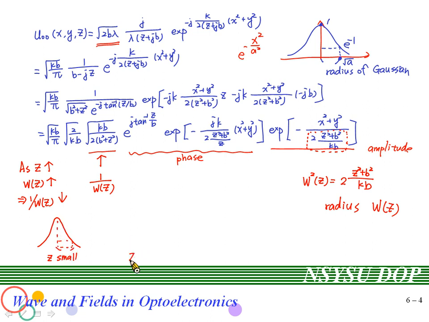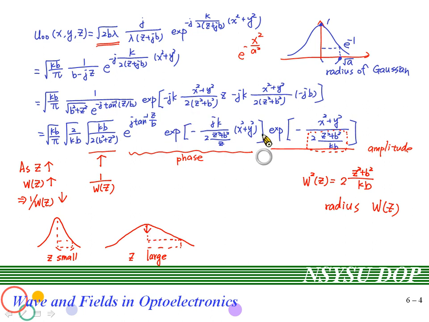But if z is large, the Gaussian beam will spread like this. Sorry, I should plot it like this. As z is large, the radius will be increased, but the amplitude, the height of the Gaussian beam, will be reduced, okay, due to the power conservation.